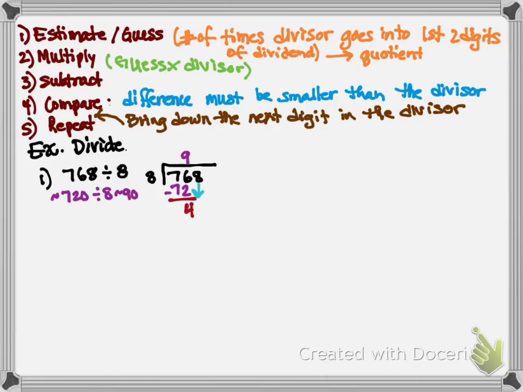So we have an 8 and we're going to bring it down. Now we want to figure out how many times 8 goes into 48. Well, that goes in 6 times exactly. So when I subtract, I have what's called no remainder. So the answer is that 768 divided by 8 is 96.